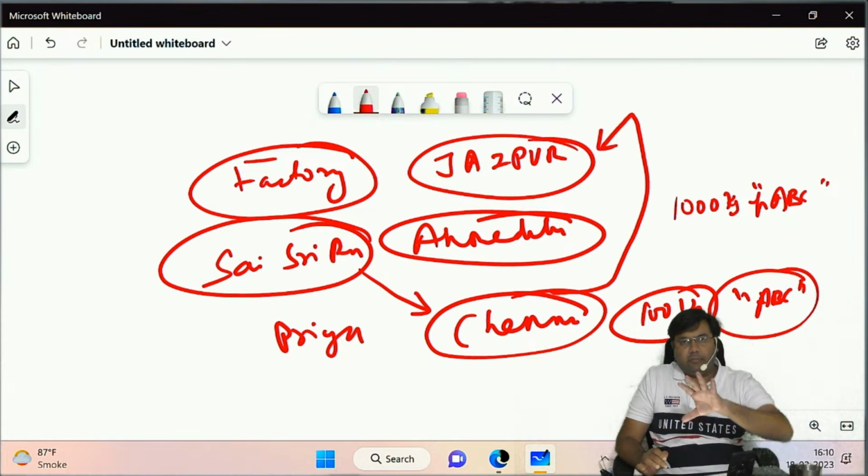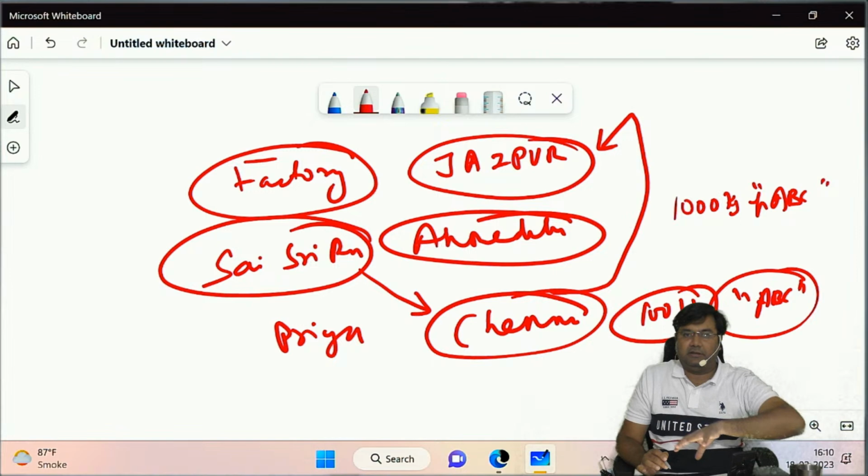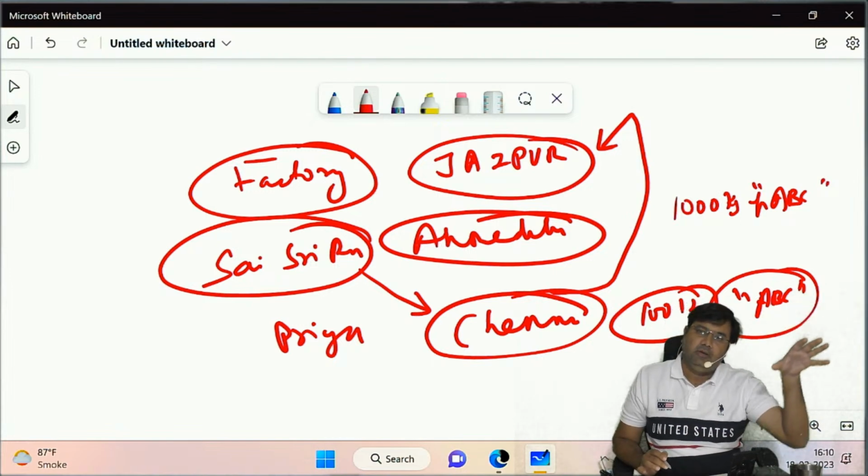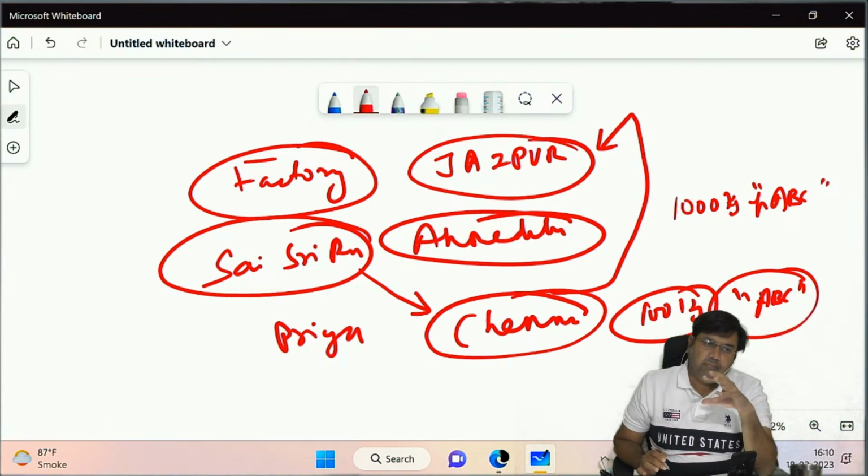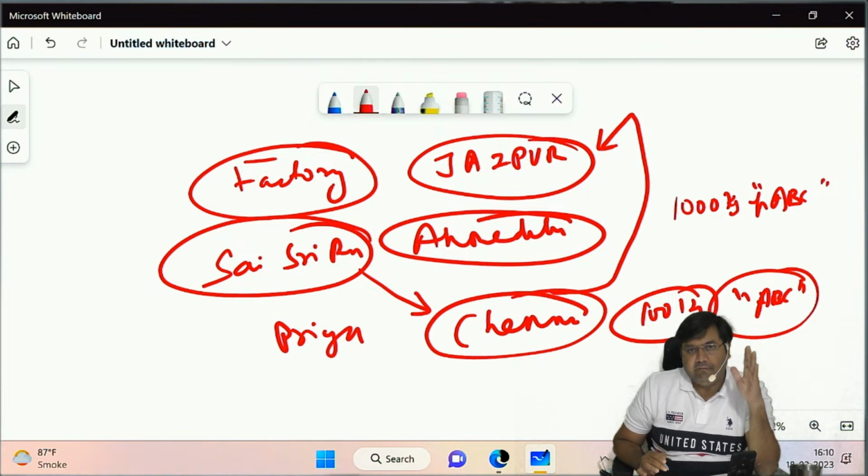Okay, so normally Priya takes supply from Sai Sri Ram. He is the big distributor, and Amit takes from Priya. So Priya spoke to Sai Sri Ram, Ahmedabad. She asked him whether he has 1000 kg of ABC material. Sai Sri Ram said, yes, I have it in my warehouse. I can supply you.